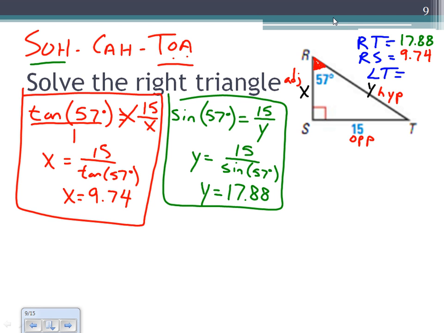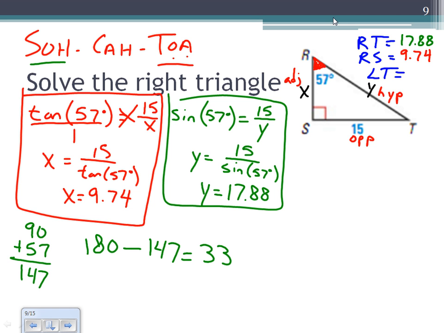So it's 180 minus, well, you have to figure out what 90 plus 57 is. What's 90 plus 57? 147. And then you just do 180 for the whole triangle minus 147, which is what you've already used. And you get what? 33. 33 what? Degrees. So angle T is 33 degrees.